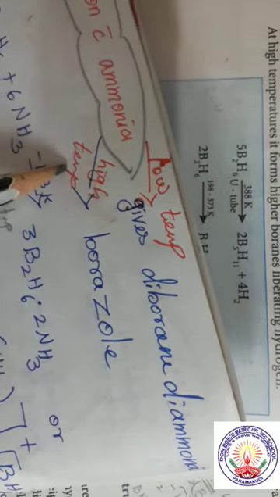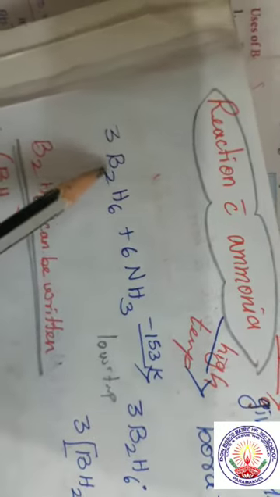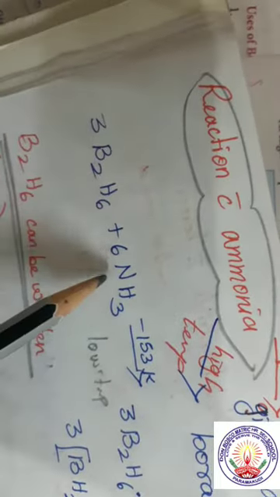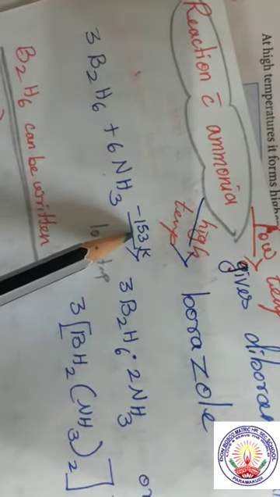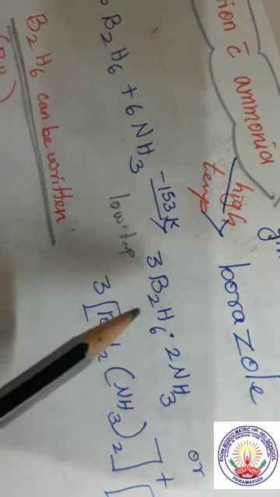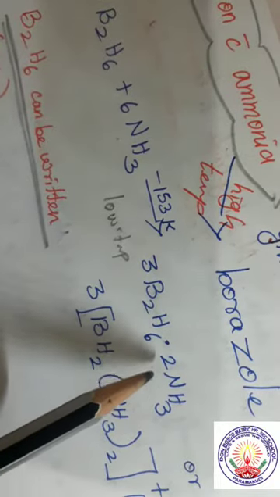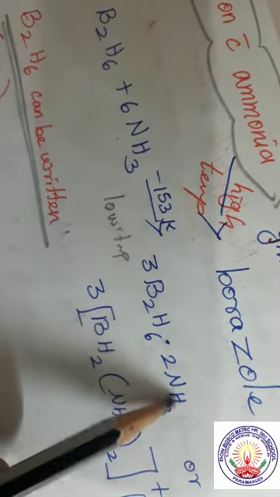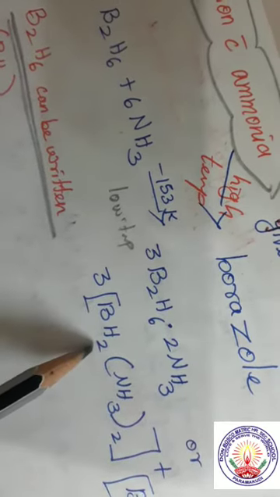At a higher temperature, it gives borazole. See, diborane, that is B2H6, when it reacts with ammonia at lower temperature, we are getting diborane diammoniate, that is B2H6·2NH3.